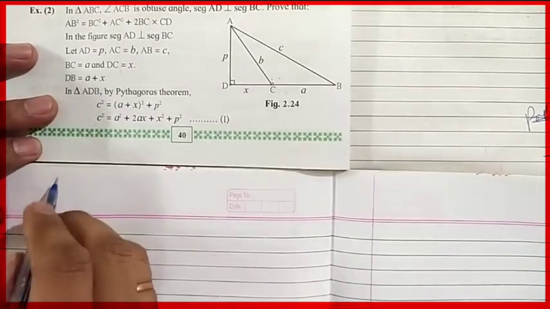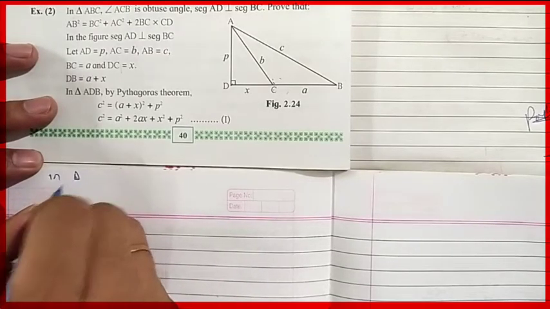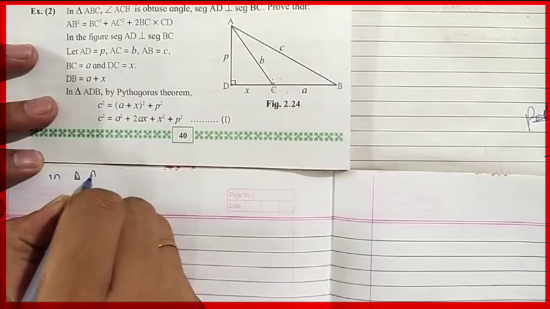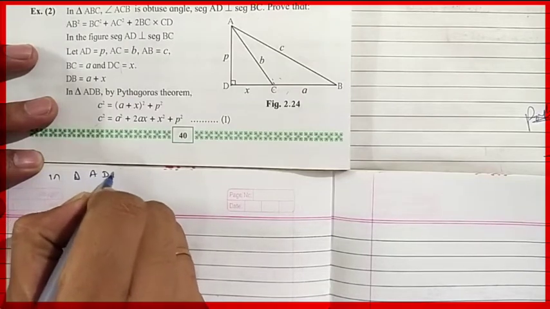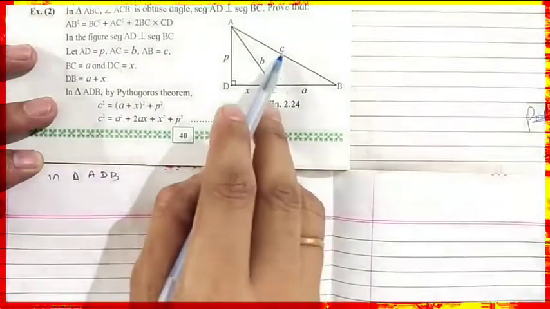Okay, so now we are going to solve. So in right angle triangle ADB, this one ADB, this is the hypotenuse.